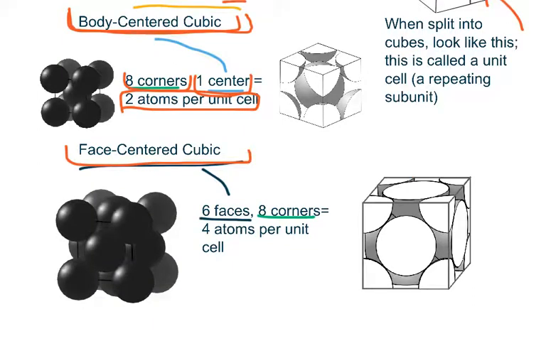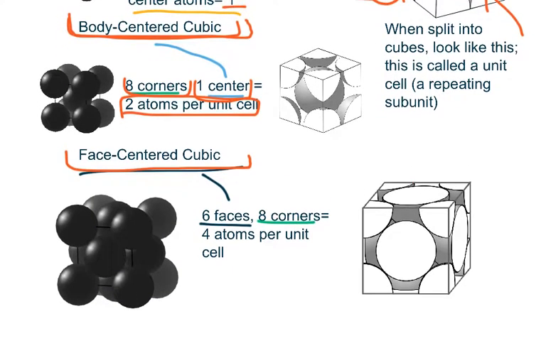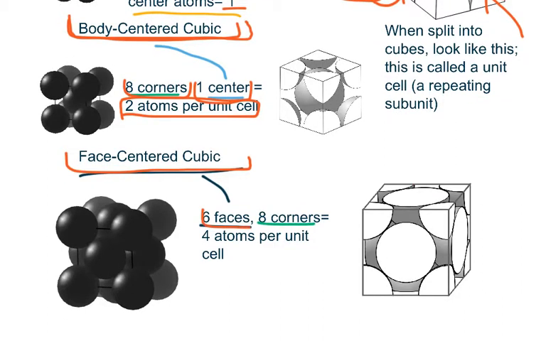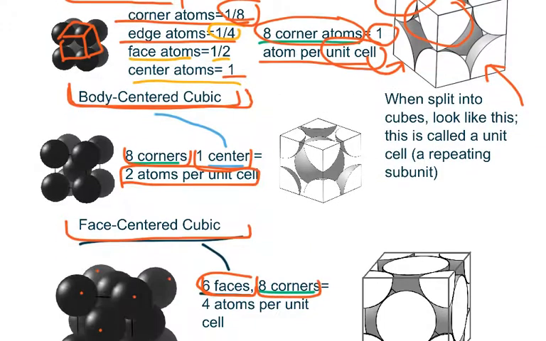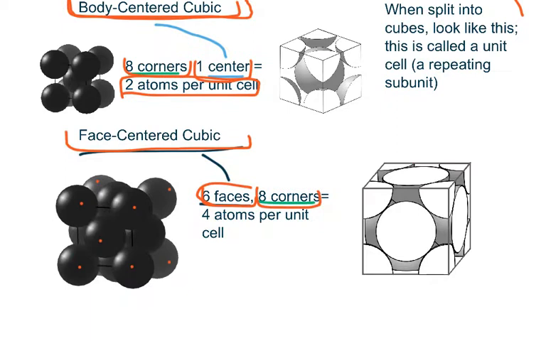The face-centered cubic unit cell will have 6 face atoms and 8 corner atoms. So 8 corner atoms, as you can see over here, and 6 face atoms for the 6 faces on a cube. And since each face atom is worth half an atom, that means that there are a total of 4 atoms per unit cell for the face-centered cubic.